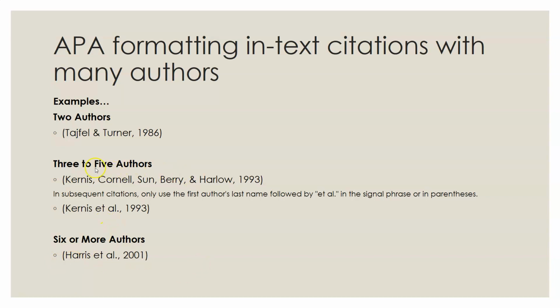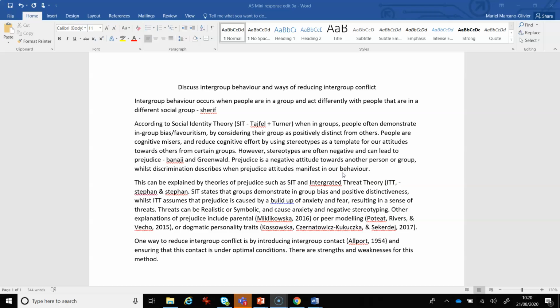So whereas with 3 to 5 authors, the first time you cite a paper, you cite all of their names, followed by the first name et al. for subsequent citations, if there are 6 or more authors, then you would just put the name of the first author followed by et al. and the date.